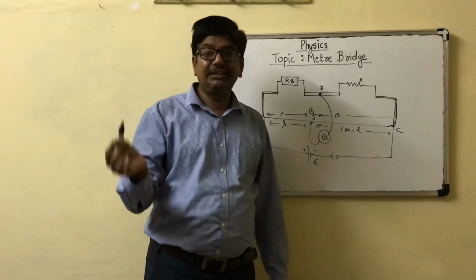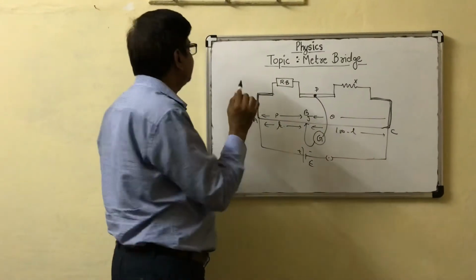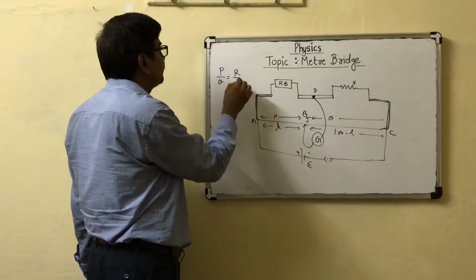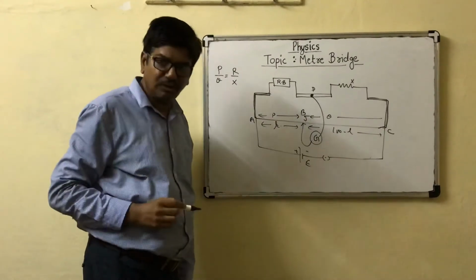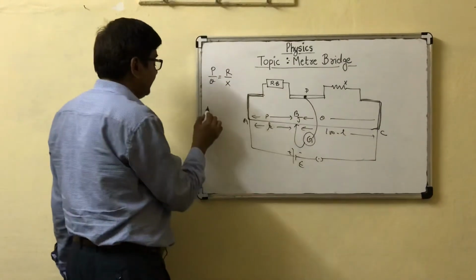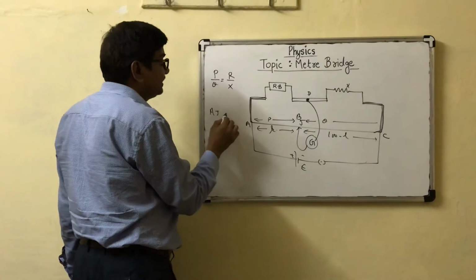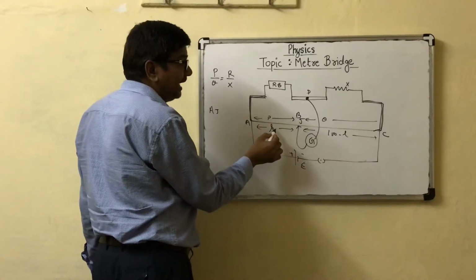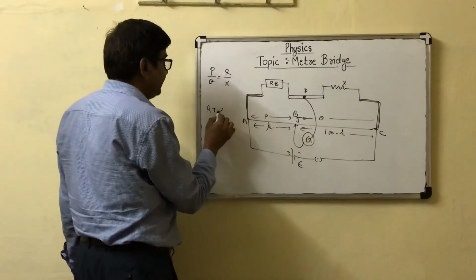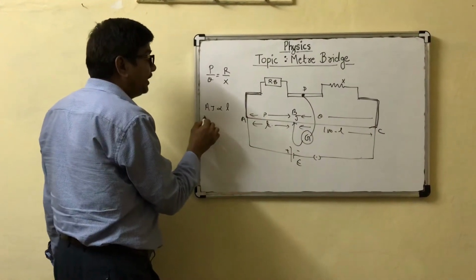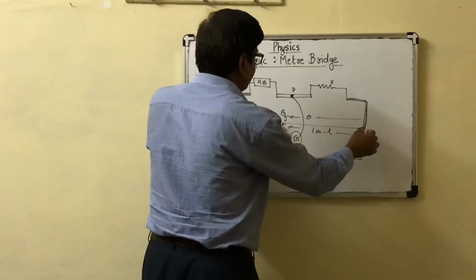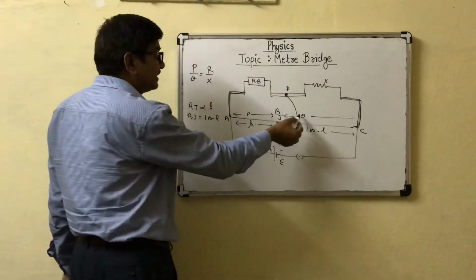Then bridge is balanced. In this case, bridge is balanced means P upon Q is equal to R by X. This is the formula. Now AJ, this is the length of wire denoted L and resistance denoted P. Remaining length BJ, that is 100 minus L, and denoted resistance Q.